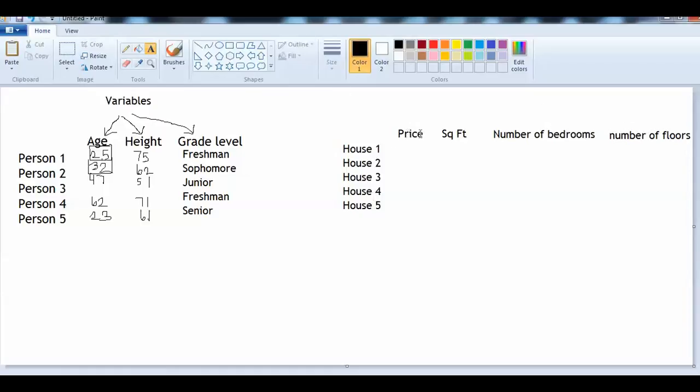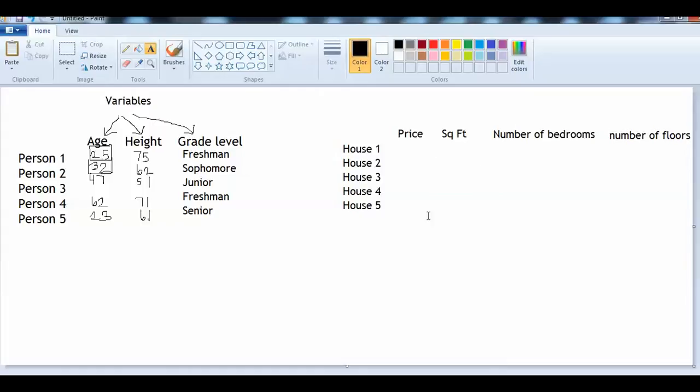These 4 things up here are the variables that are in our data set. These 5 houses are the observational units that we're collecting data from. And how many data values would be in here? 5 times 4.